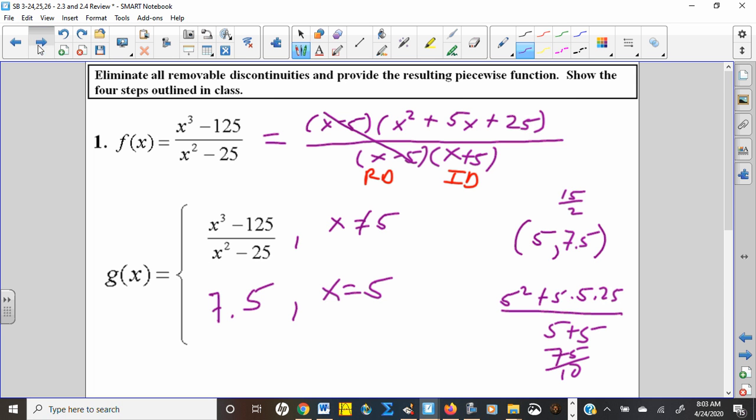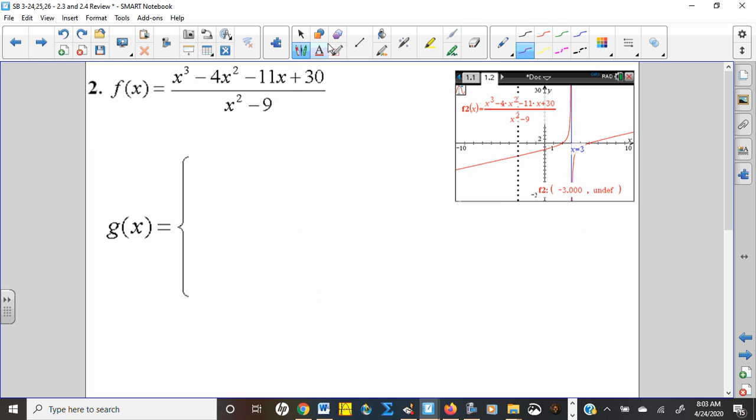All right, let's jump to number 2. So number 2 looks like we're going to be factoring by perfect squares again in the denominator. So x minus 3, x plus 3. But what about the top?